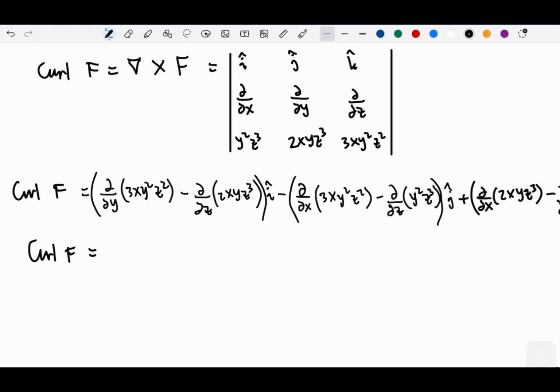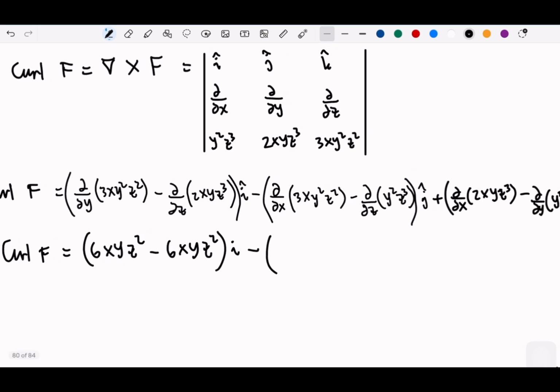So curl F is, we can compute the partial with respect to y. This will be 6xyz squared, and then this will be 6xyz squared. Okay, and this will be 3y squared z squared minus 3y squared z squared.